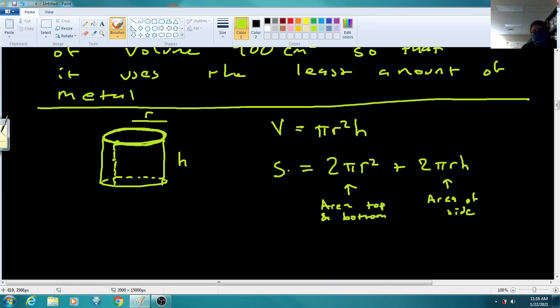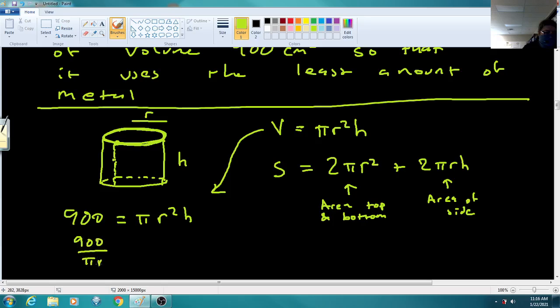Okay, so we're trying to minimize the surface area. The problem is the surface area depends on radius as well as height. So I'm going to use my volume equation and the fact that they told me the volume was supposed to be 900. So I'm going to say 900 equals pi r squared h. And I can solve this for h so I can get my surface area equation just in terms of r. So 900 divided by pi r squared is h.